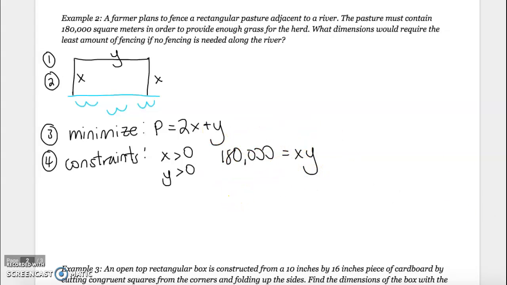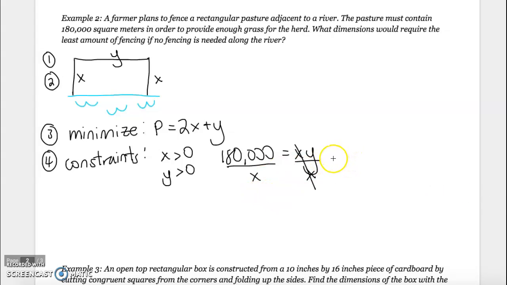Now I can go ahead and solve this for either x or y. I think I'm going to solve this one for y, so I'm going to divide both sides by x. It doesn't technically matter; you can do it either way.